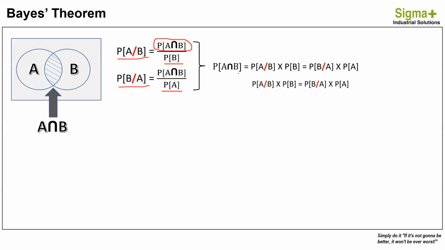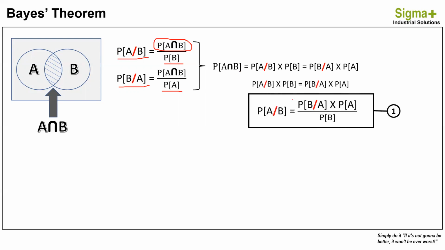Based on that, I can conclude that the probability of A subjected to B is equal to the probability of B subjected to A multiplied with the probability of A divided by the probability of B.